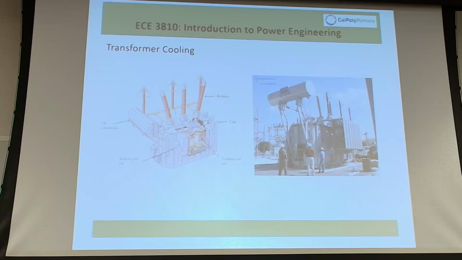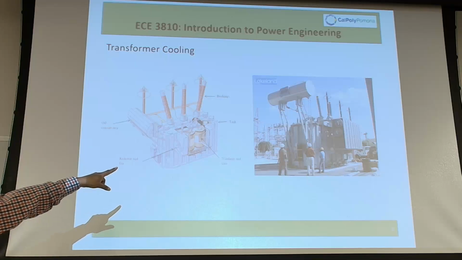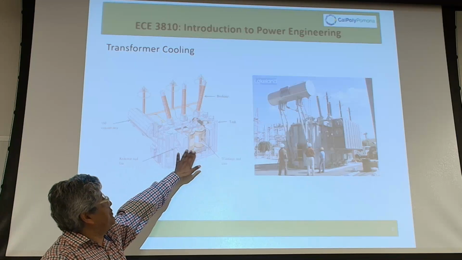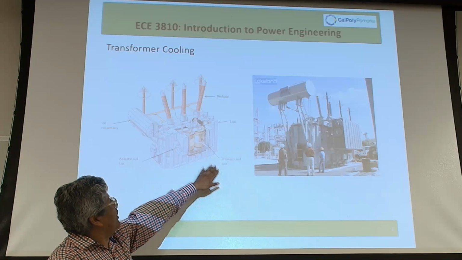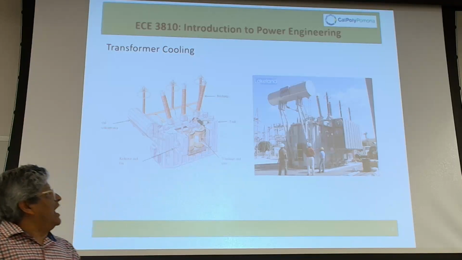The other thing is, what happens when oil heats up? It expands, right? So the reservoir serves as a place where the overflow of the oil can go. That's the big tank over there. Then there are always the radiators, fans, and I have much better pictures than that, your winding and core, and the tank.